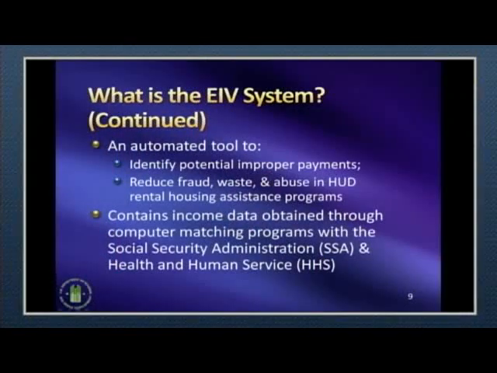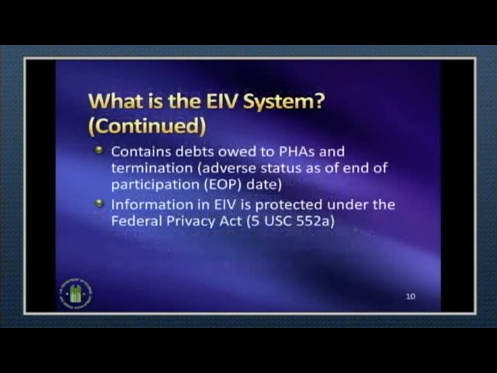The system contains income information that's derived from two main databases. The first one being the Social Security Administration as well as Health and Human Services. Those are two federal agencies that have databases with information, and HUD interacts with those agencies through a computer matching agreement to obtain this information to make it available to housing authorities.